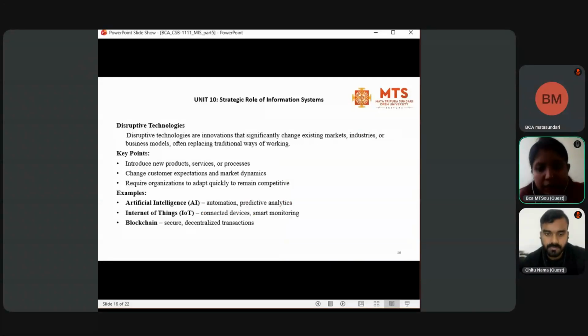After that, data-driven decision making. Data-driven decision making is basically the process of making decisions based on facts, data, and analysis rather than intuition or personal experience. It uses reports, dashboards, and analytic tools, and helps managers make informed and objective decisions.